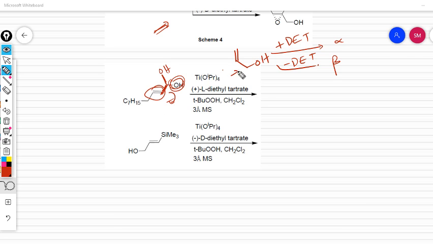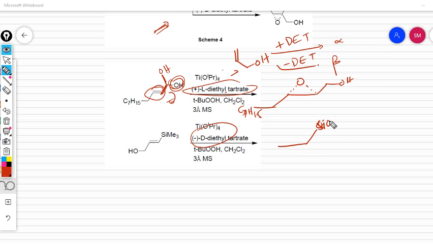So in this condition, if it is plus diethyl tartarate, it is going to give alpha. Okay, if it is minus, it will be beta.